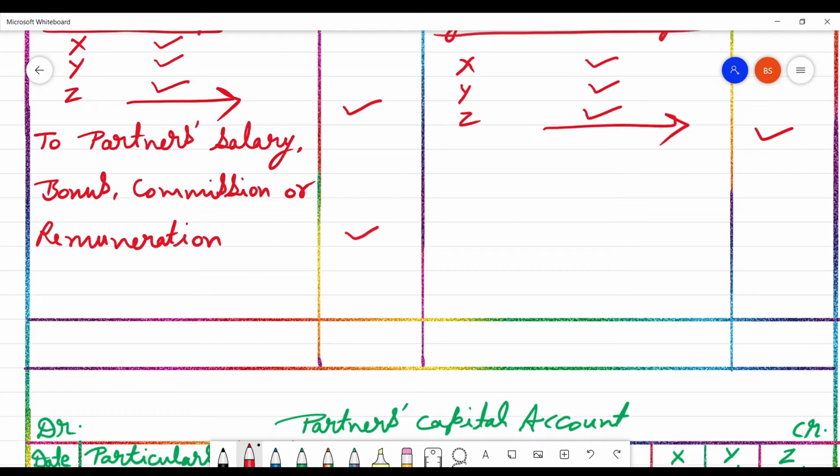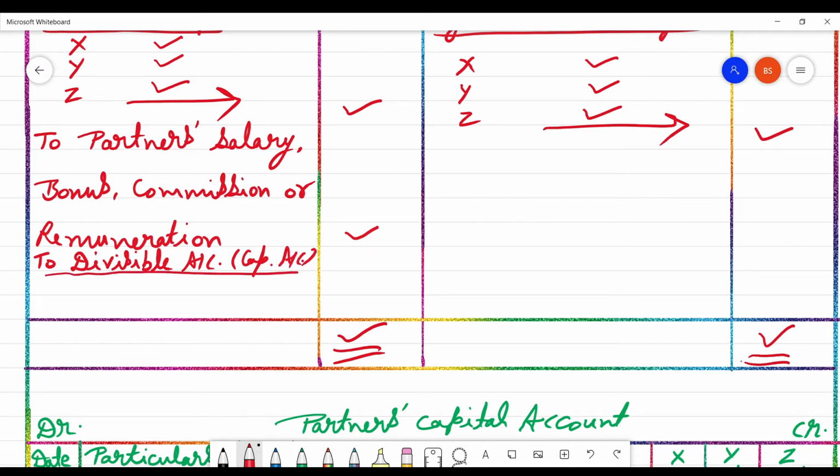Then we will make the total. If the credit side's total is more than the debit side's total, it will be divisible profit. It will be transferred to the capital accounts of X, Y, Z in their P&L ratio.